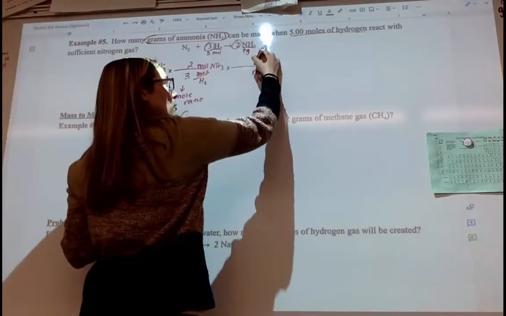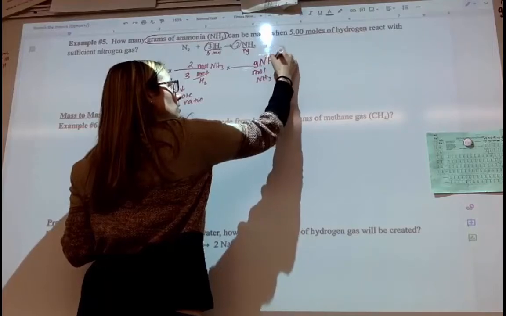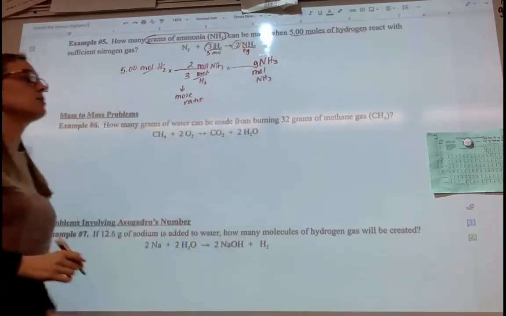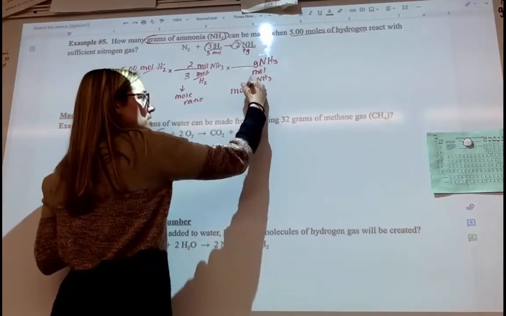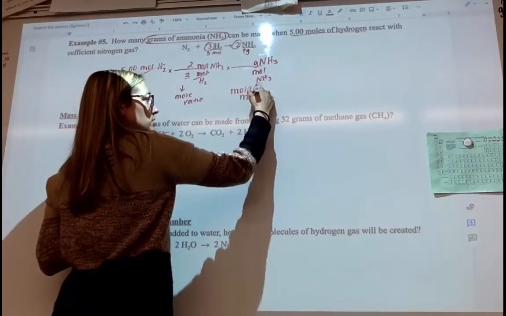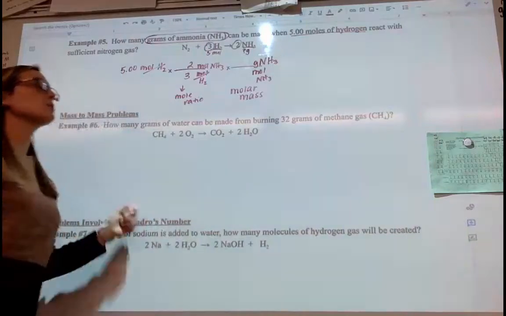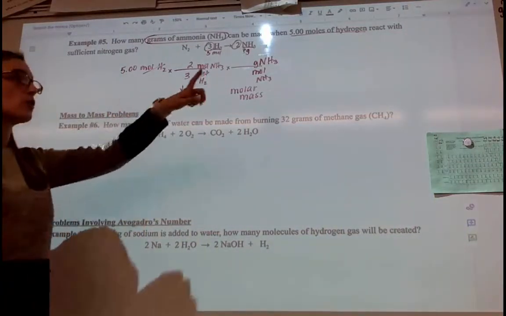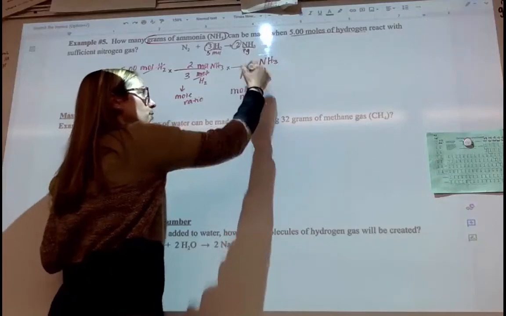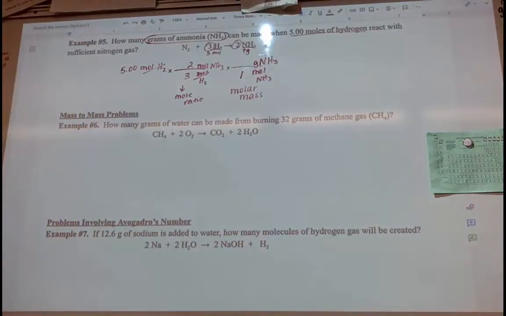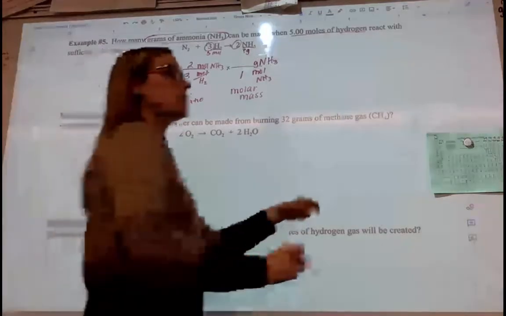So I do have a way to go between moles of NH3 and grams of NH3. I need to use the molar mass to convert between those two units. Between grams and moles is always the molar mass. And if you notice what we wrote down, there's a certain number of grams for every 1 mole. That certain number of grams comes from your periodic table.